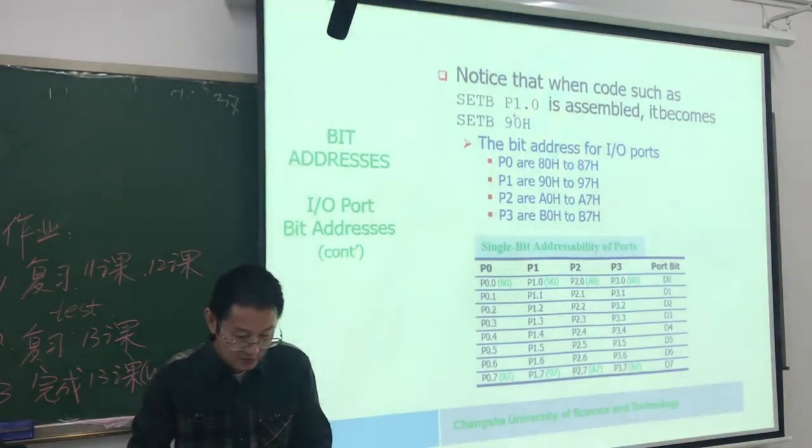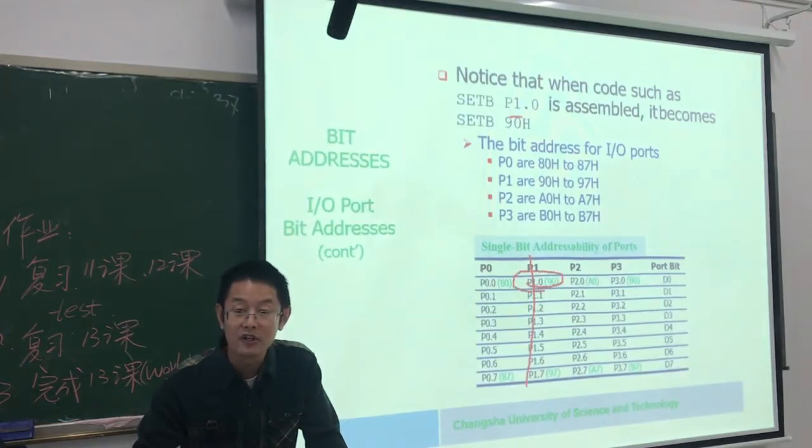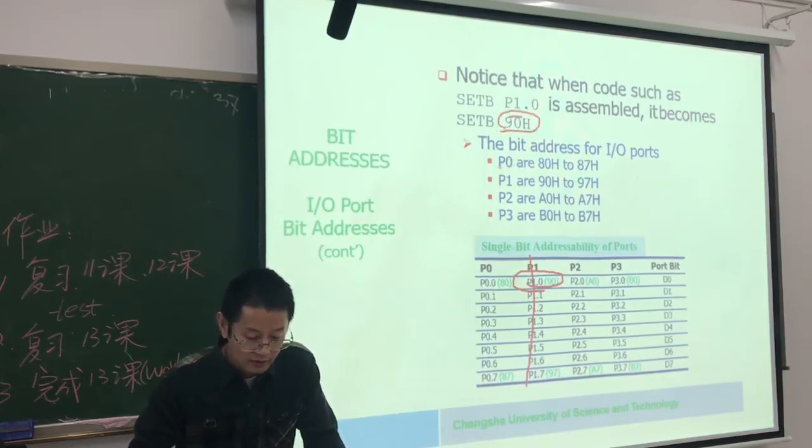P1 is 90H, so it becomes 90H. This is the address for the bit.